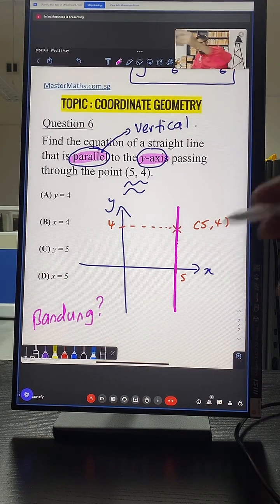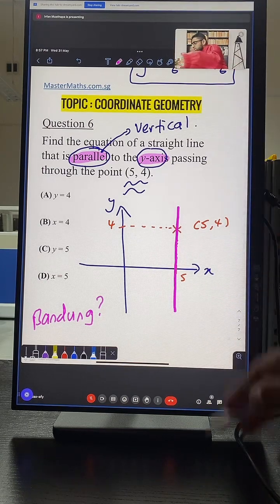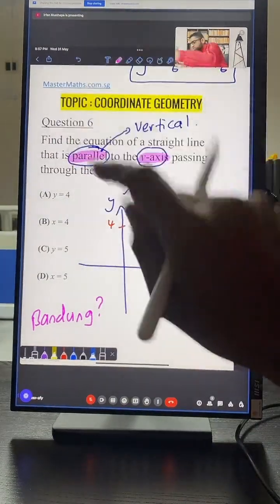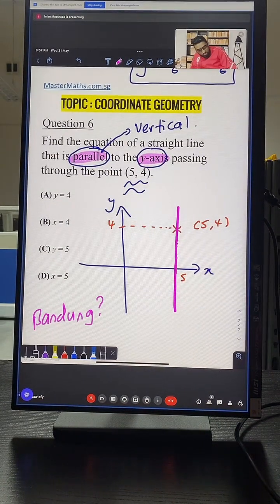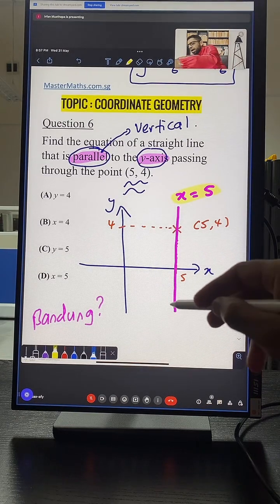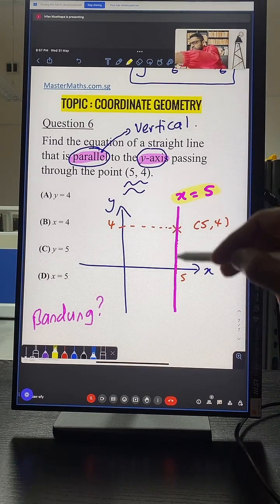Anyways, vertical line. What is the equation of this vertical line? Very simple, very straightforward. This is just x equals 5, because everywhere on this line x will be 5.